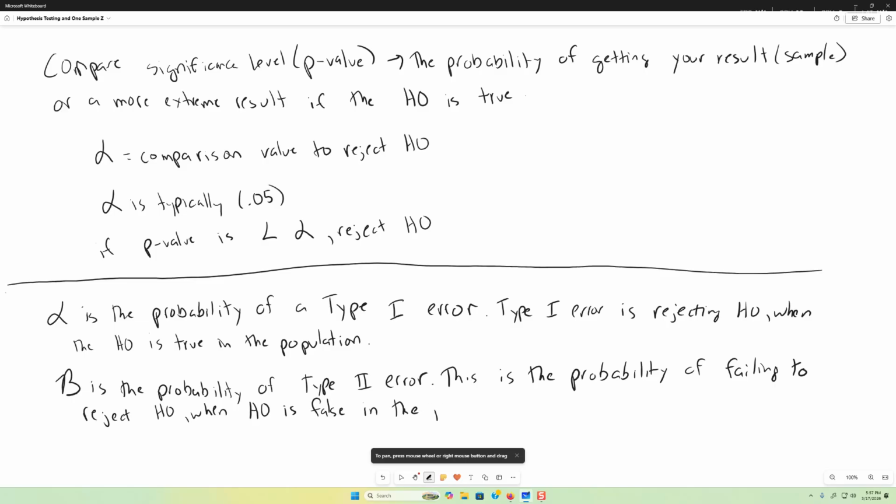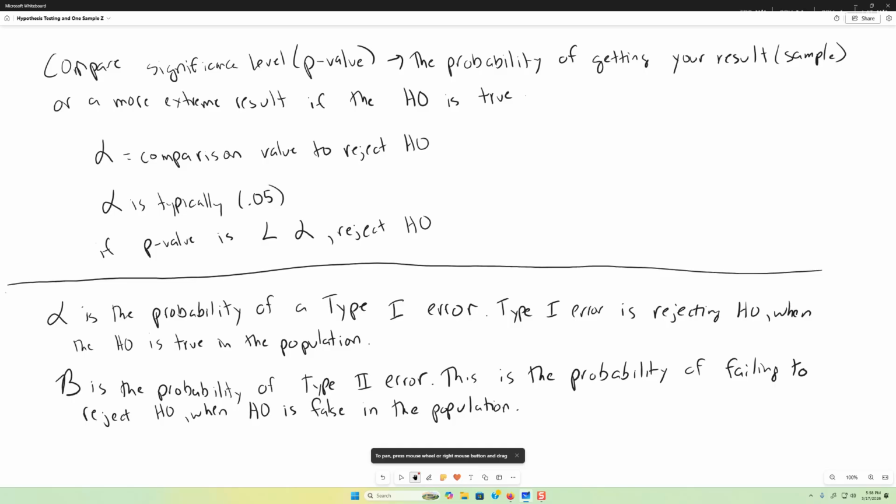So these are different types of error. So type 1, we reject the null in the sample, but the null is actually true in the population. So we've incorrectly rejected the null hypothesis for type 1 error. Type 2 error, which is beta, is when we fail to reject the null in the sample, and we should be rejecting the null because the null is false in the population.